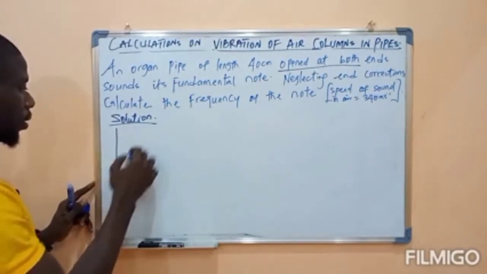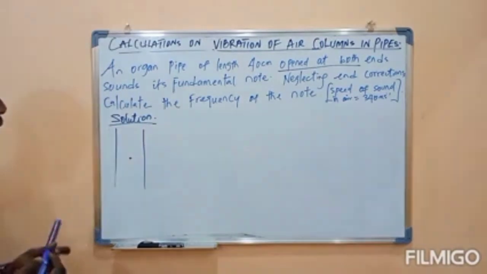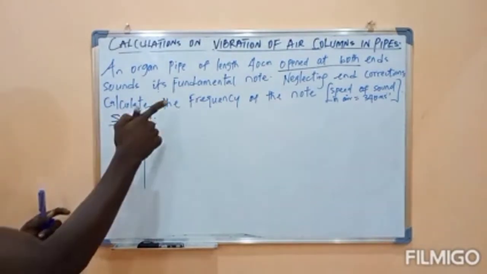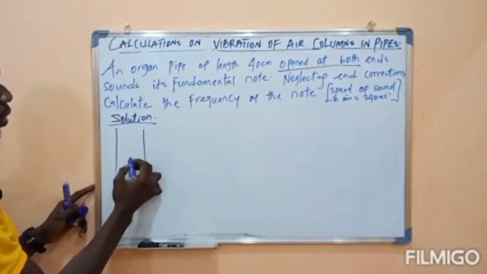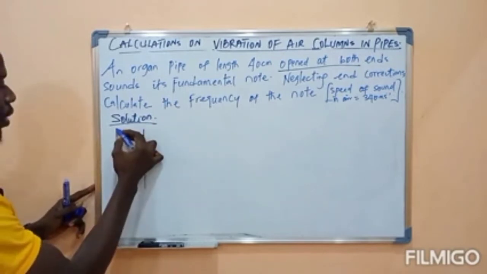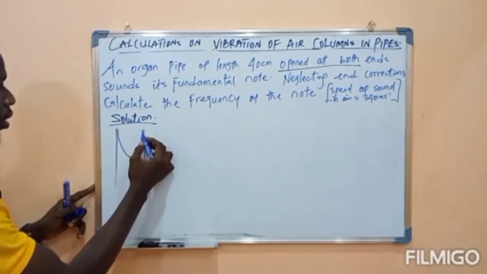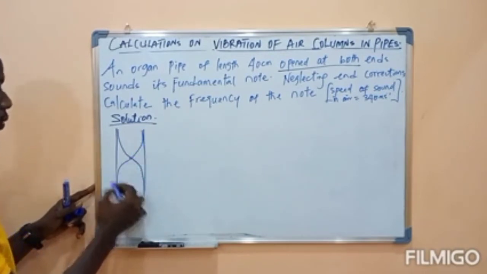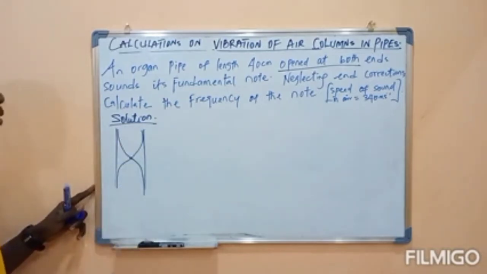Remember, we have a video on this. Please, if you have not watched it, ensure you watch it. Since you're talking about fundamental frequency of open pipe, it has one node. So here, this is the incident, this is the reflected, this is the node, antinode, antinode.